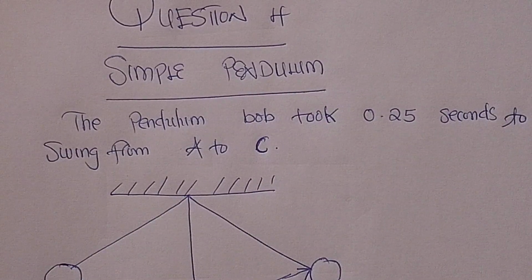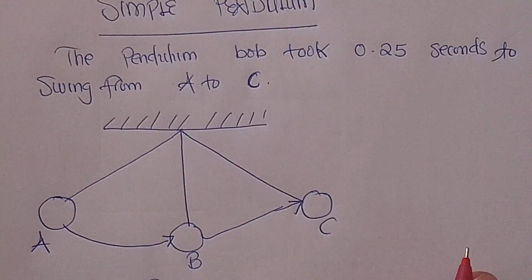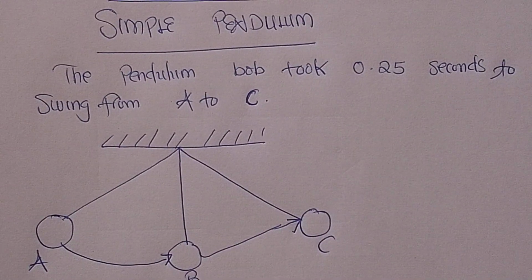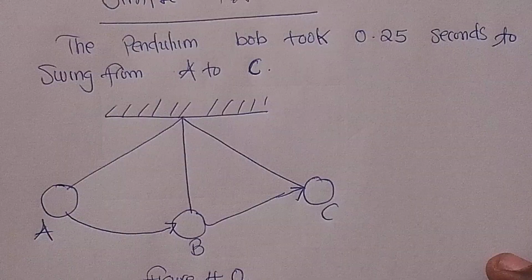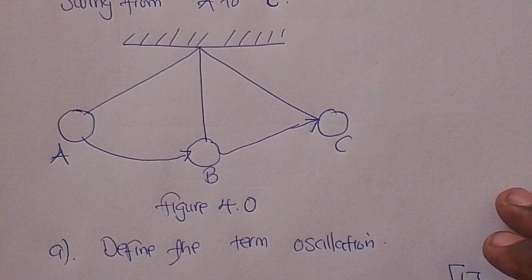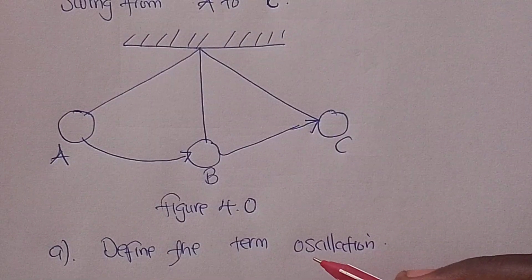Then we move on to question 4, which says the pendulum bob took 0.25 seconds to swing from A to C. So it took 0.25 seconds swinging from A to C. I want you to understand that a pendulum bob moves around this 4 times.